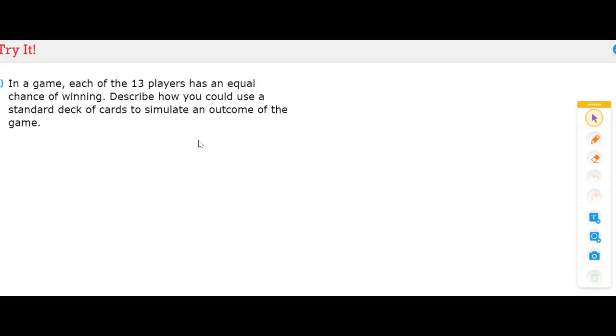So if one player pulls out an ace, they win. Anytime someone pulls out a 10, the player assigned the 10 wins. If someone pulls out a 3, the person assigned the 3 wins that game. So that's one way you could simulate an outcome of a game with a deck of cards, which is 13 different cards. That could be easily used for that.